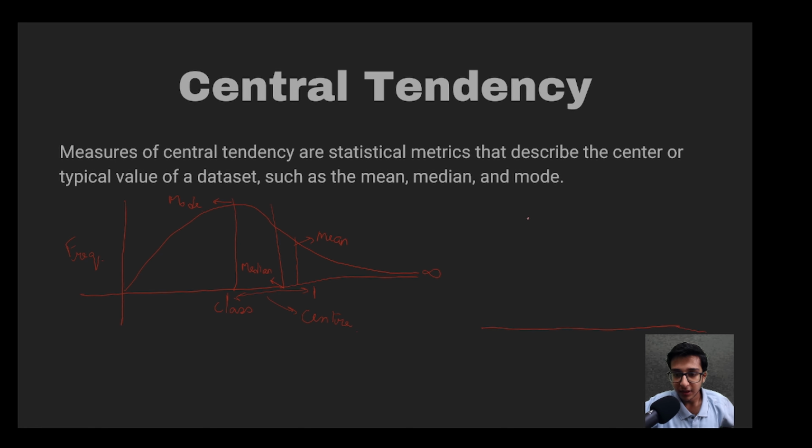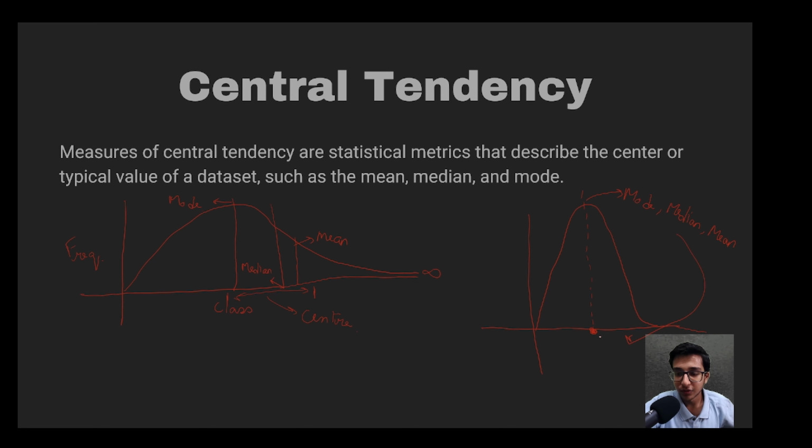Let us assume a graph is made in this manner, which is more or less symmetrical. If I draw a line at the center of this graph, it is symmetrical on both sides. That means here the mode, median and mean would be the same, and the mode, median, mean that we are referring to is the class value here.